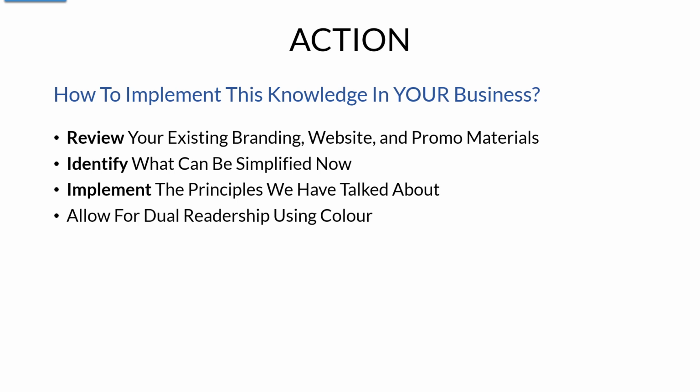Those people just want to see big words that explain everything in 5 to 10 words maximum. The fewer the better. And then you have the more analytical people, the people who read all of the terms and conditions of a contract before they sign it. You want to have all the information that type of person needs also in your advertising. And when you do have these things, you're appealing to both types of people.